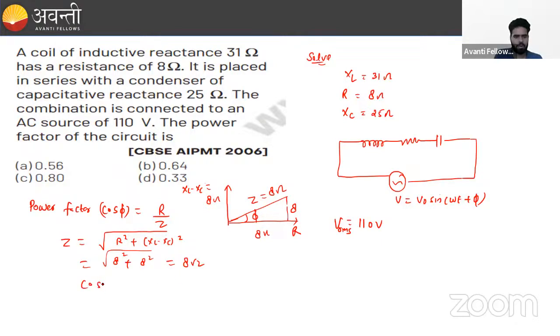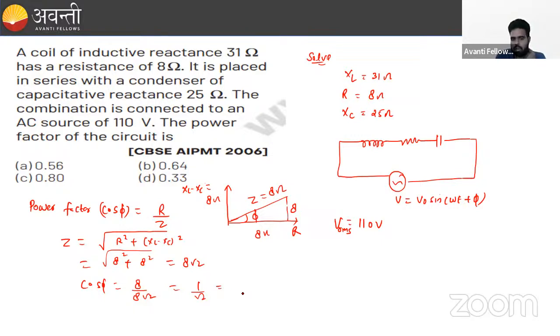So here the value of the power factor, cos phi, will be equal to 8 upon 8 root 2. If we solve this, it becomes 1 upon root 2. So this is the value of the power factor, 1 by root 2.